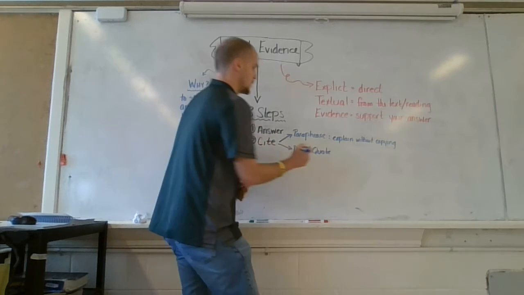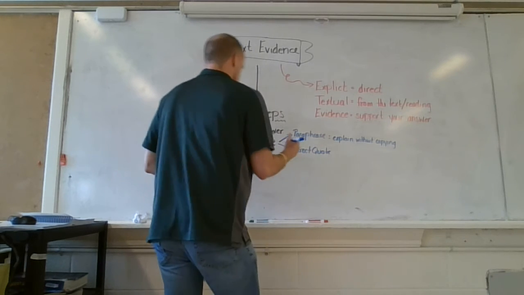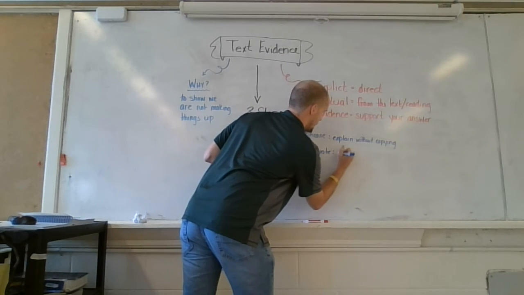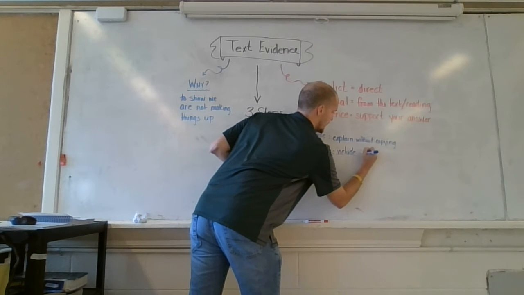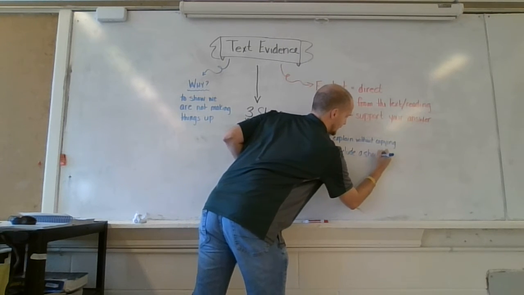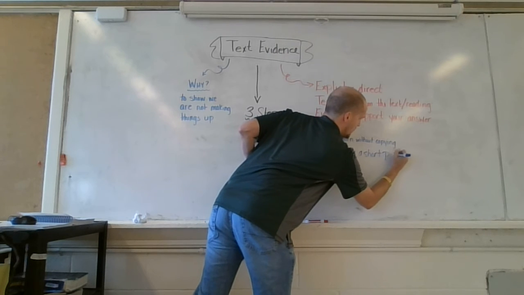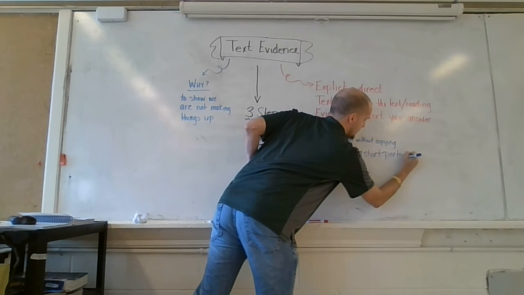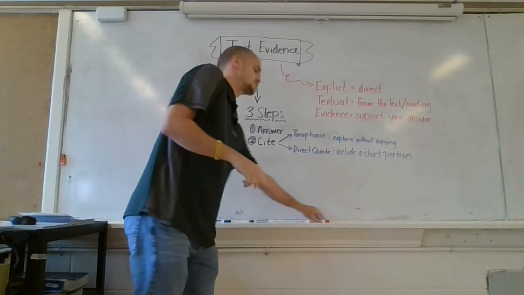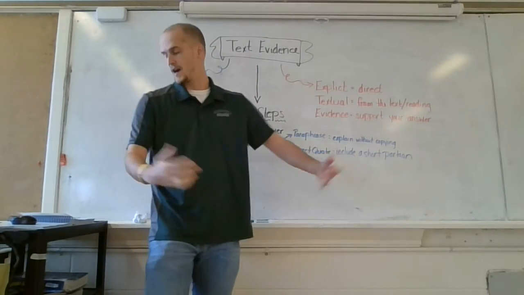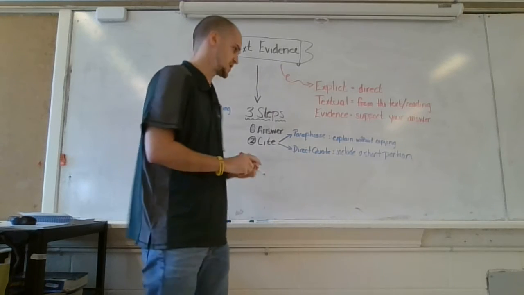Or you can direct quote. And when you direct quote, you include a short portion of the text. You include a short portion. Now, you don't just leave it sitting there by itself. You have to have some sort of sentence starter.